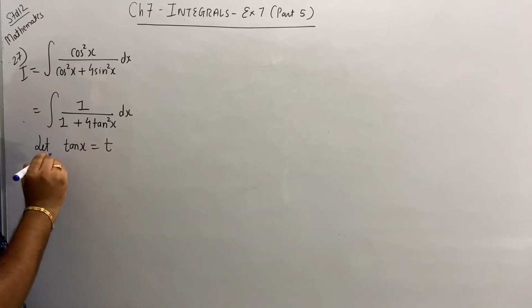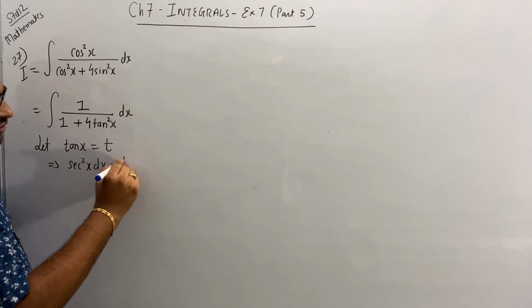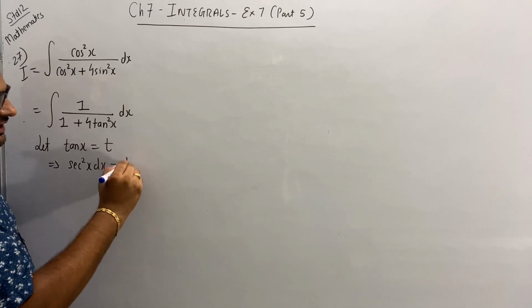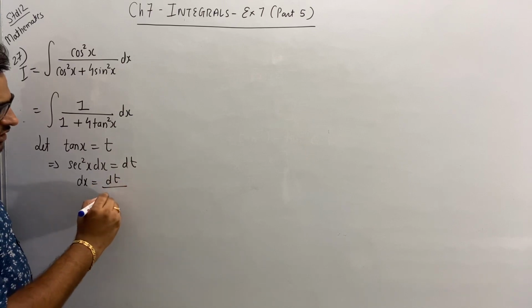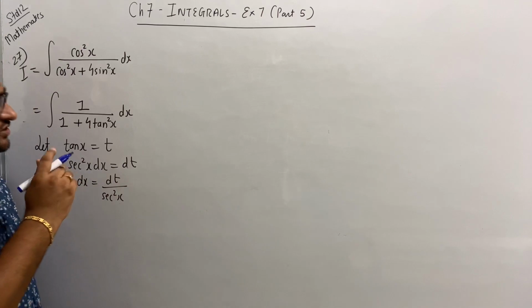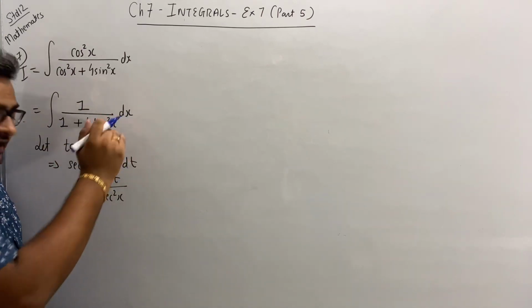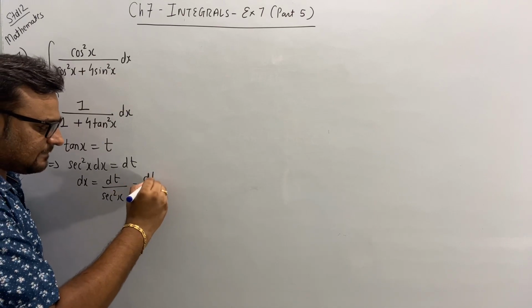So what is its derivative? Sec square x dx equal to dt. So dx is equal to dt upon sec square x. But now see, we are going to change it into t and still we are getting x. So I will convert this.